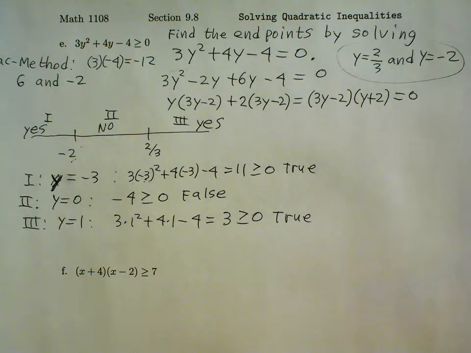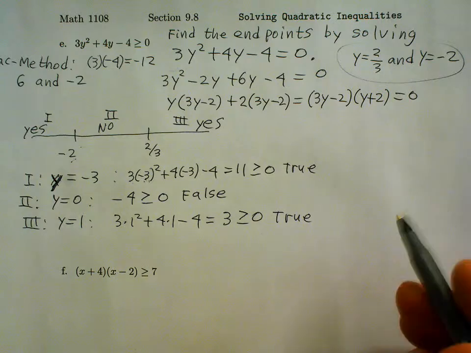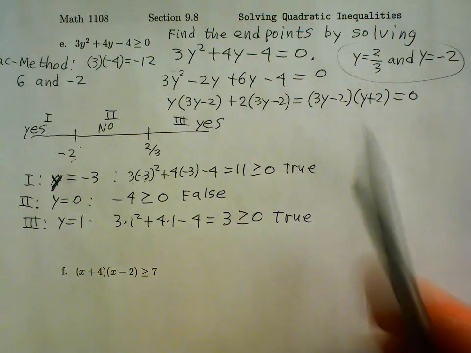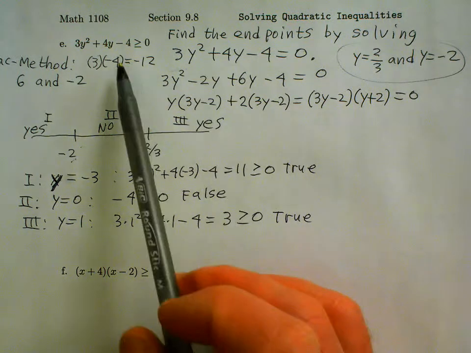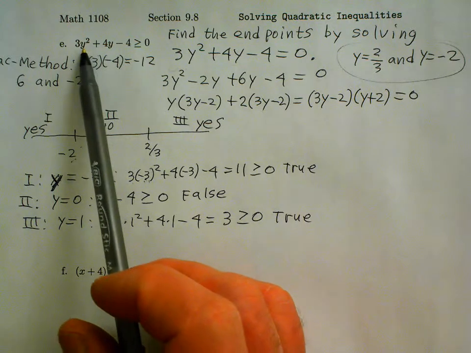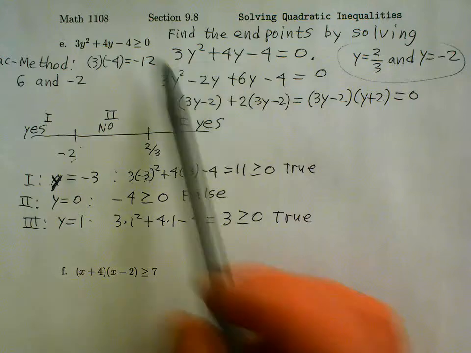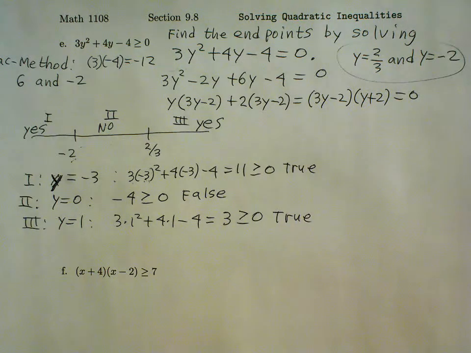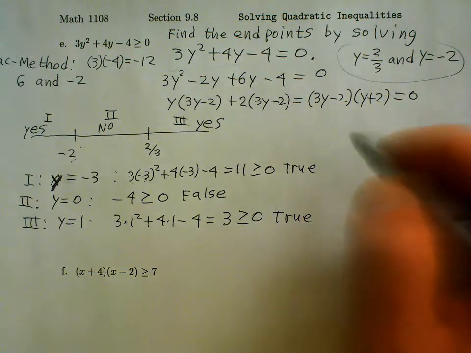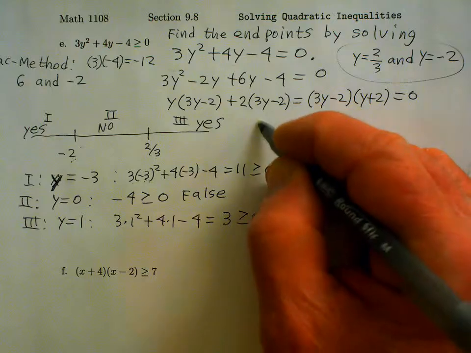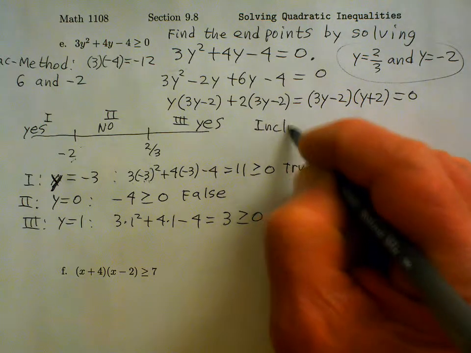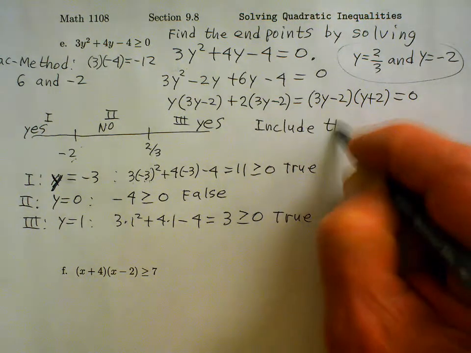And what about the endpoints? The endpoints are the y values that make the left-hand side 0. And since 0 greater than or equal to 0 is true, we include the endpoints.